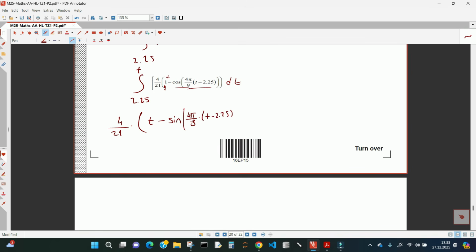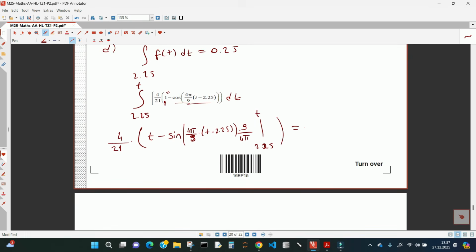And I know the chain rule, right? Since it will be 4 pi over 9 from the chain rule, you can take it out of the integral, or here, for example, 9 over 4 pi to cancel this value. And we're gonna write the limits of the integral and substitute them into this expression. It's gonna be 0.25.